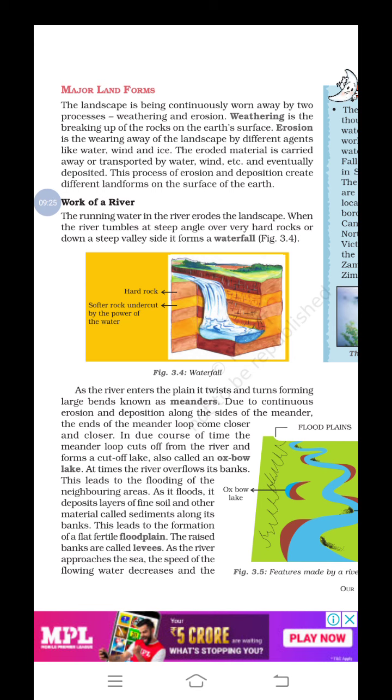When the water flows down from these rocks to the lower levels, this process forms a structure that we call a waterfall. So when the river tumbles at a steep angle over very hard rocks or down a steep valley side, it forms a waterfall. Simple, not that difficult.